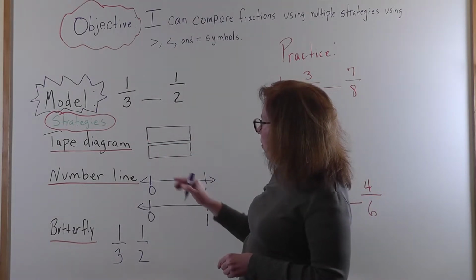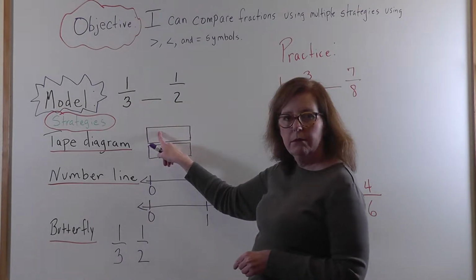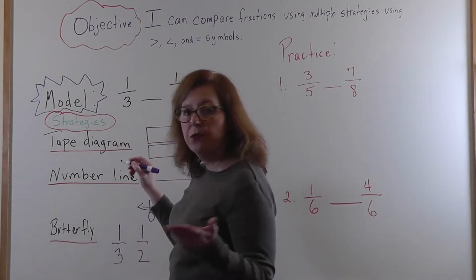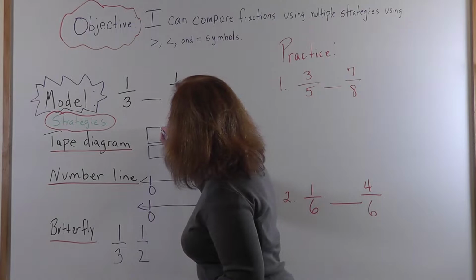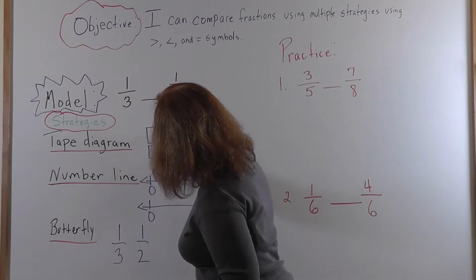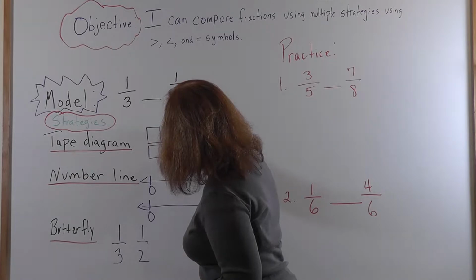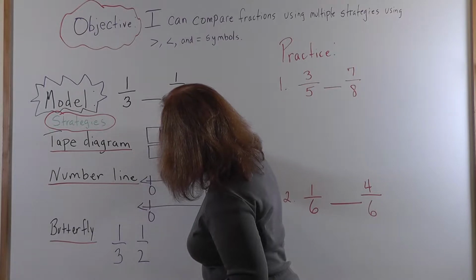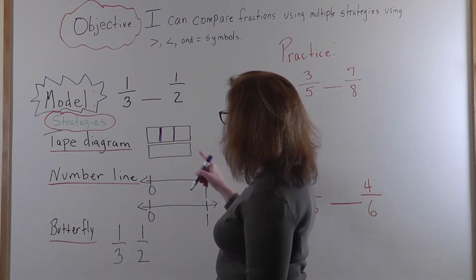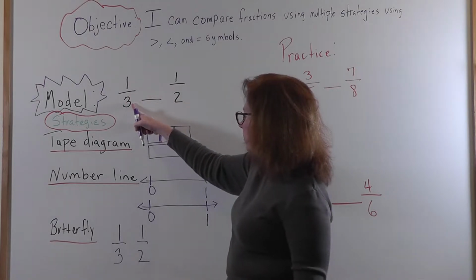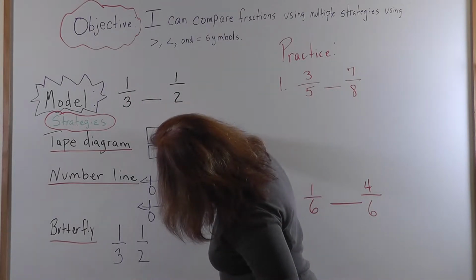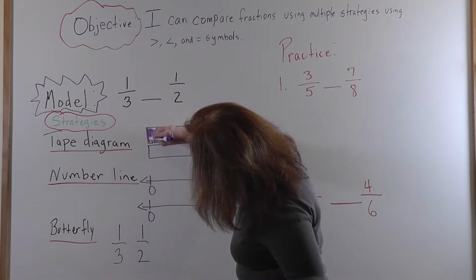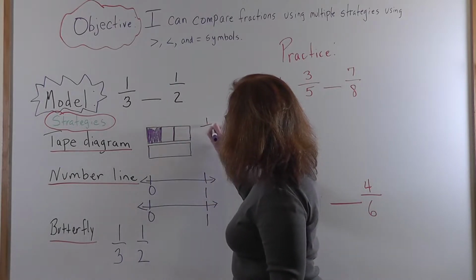So now I'm going to show 1/3 in this tape diagram. I'm going to break it up into 3 parts, 3 equal parts. Now I'm going to shade in 1 out of 3. So this shows 1/3.